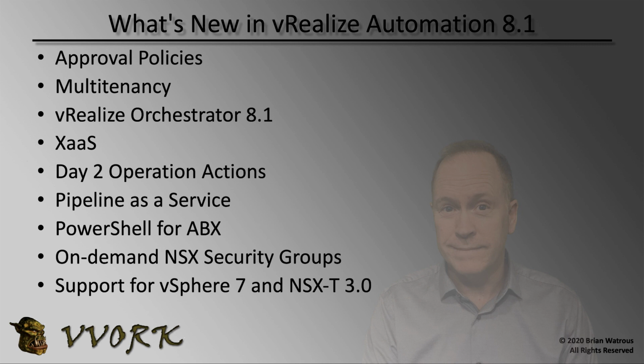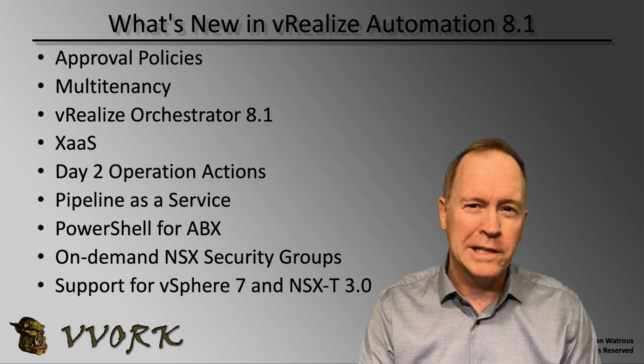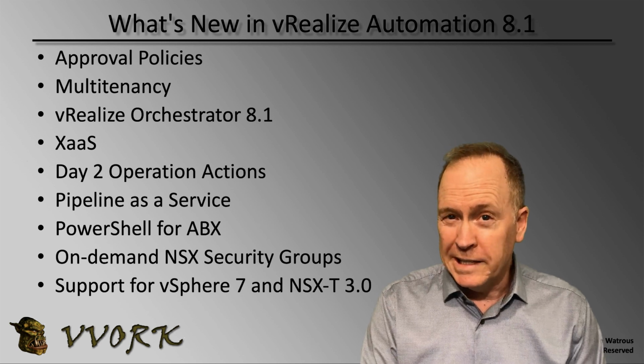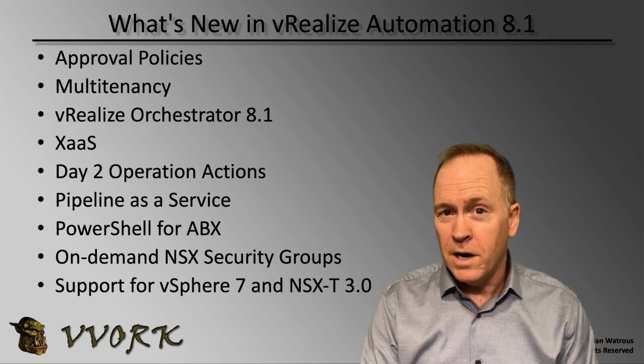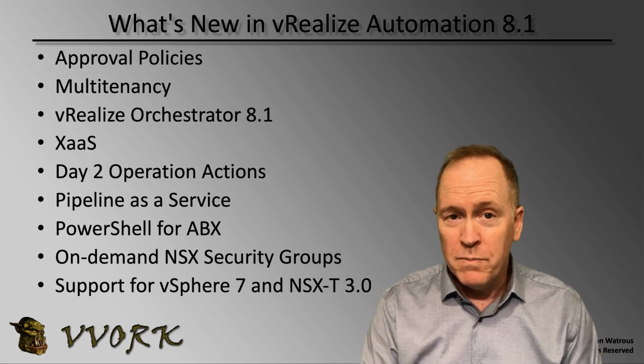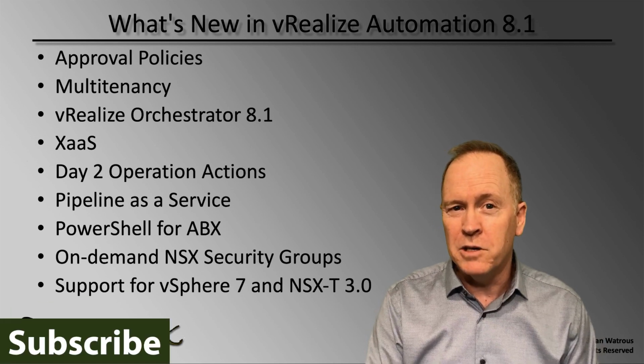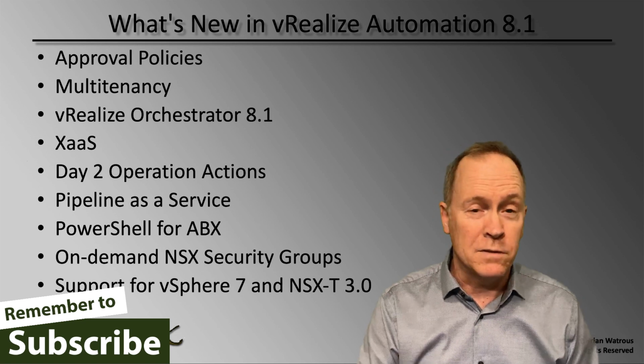Our next feature in vRealize Automation 8 is multi-tenancy. With multi-tenancy, you can have a single vRA environment deployed and have that environment logically carved up into different areas for different sets of users.